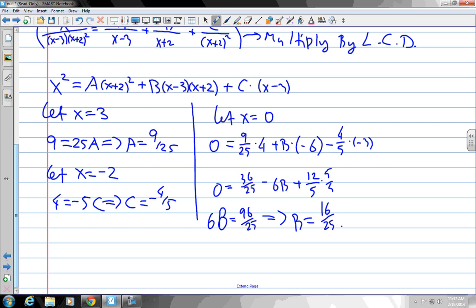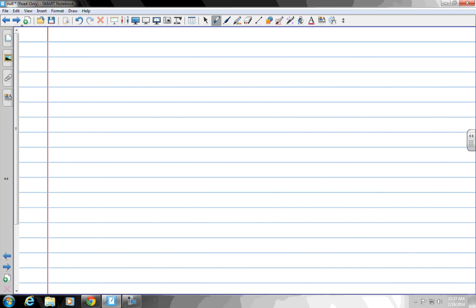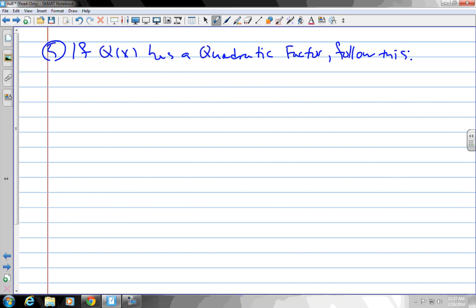All right, so the fifth case is when we get irreducible factors. So if q of x has a quadratic factor, then follow this idea. So p of x over q of x, you're still going to treat all your linear factors the way we treated them before.